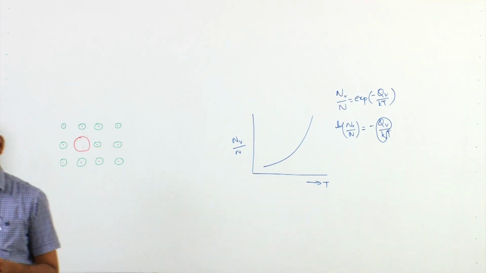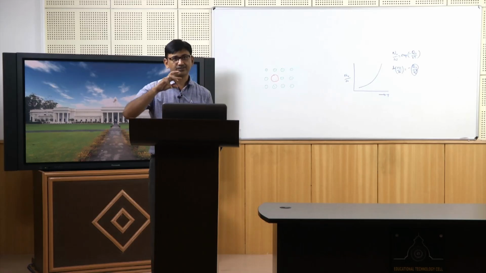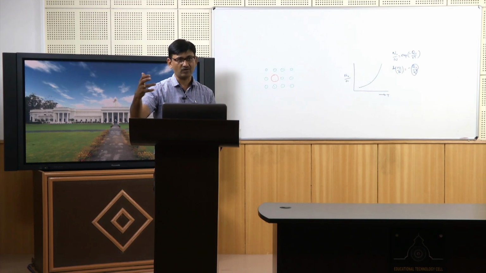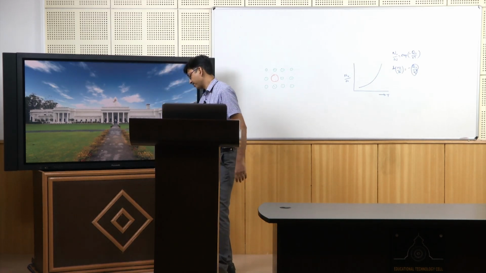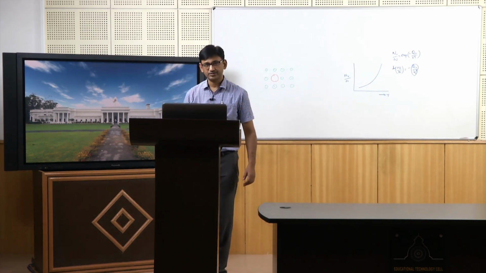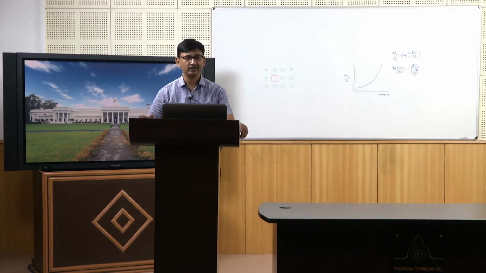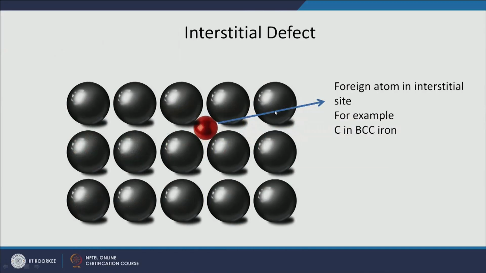It is coming and sitting, so it is substituting the parent atom which is already there, a host atom. That is why it is called substitutional defect, or substitutional impurity atom, because it is replacing the host atom, whereas in the interstitial case you can see all the lattice sites are occupied with the host atom and the impurity atom is occupying the interstitial position.